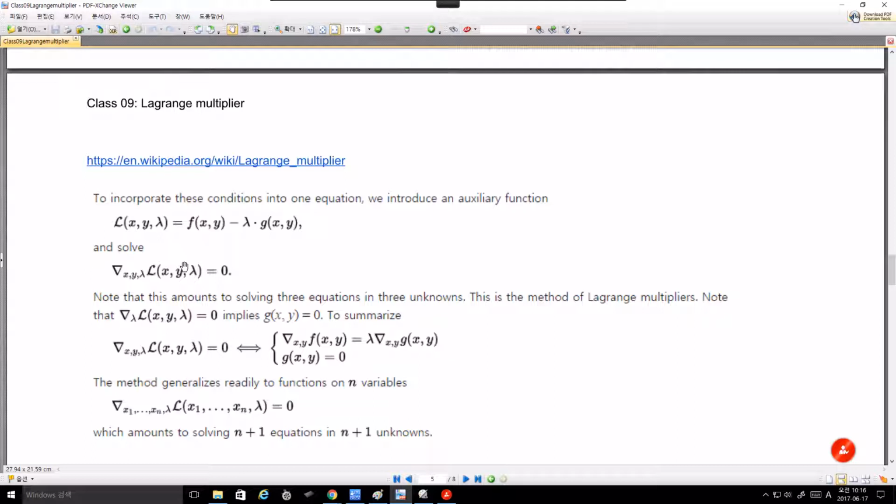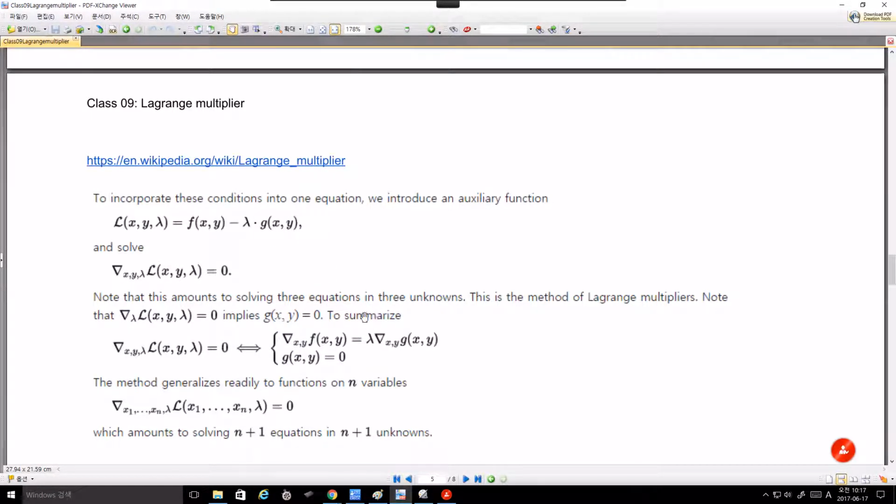And we want to calculate the first-order condition, the gradient equals 0, so we calculate ∇L = 0, including the derivative with respect to lambda. Notice that this amounts to solving three equations in three unknowns. This is the method of Lagrange multipliers. Note that the partial derivative of the Lagrangian with respect to lambda being 0 implies that g equals 0, because when we take the derivative with respect to lambda, we have only this term, and making it 0 means the constraint holds.